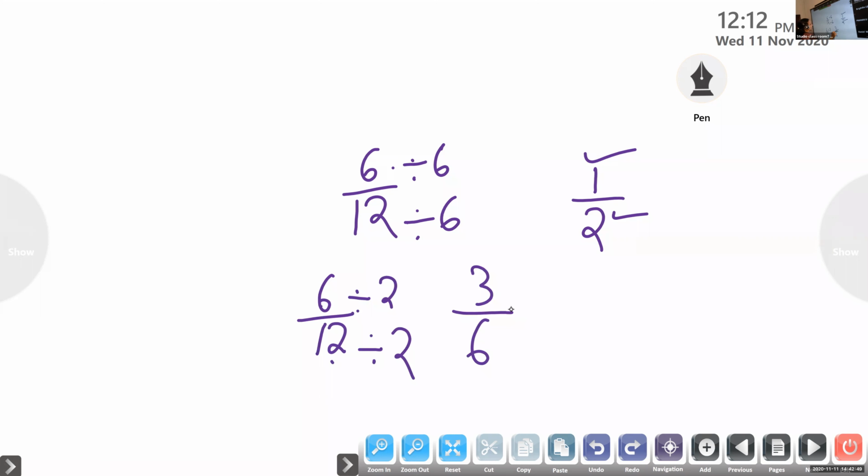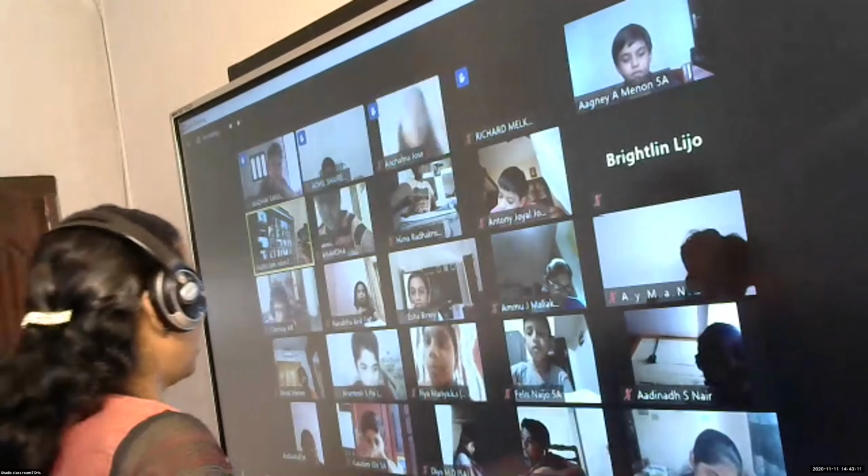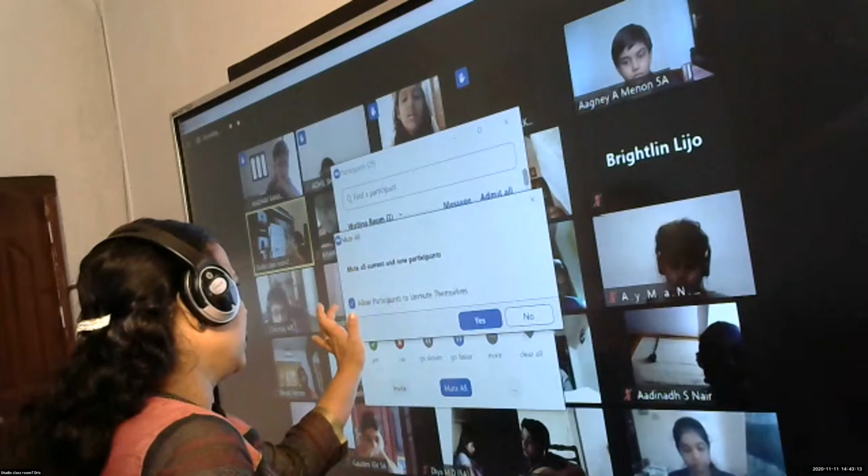Again, you can divide by 3. 3 divided by 3 is 1. 6 divided by 3 is 2. So if you are doing the division method, you have to divide 2 times. But if you are doing it with the highest common factor, within one step we can finish. That's the difference.